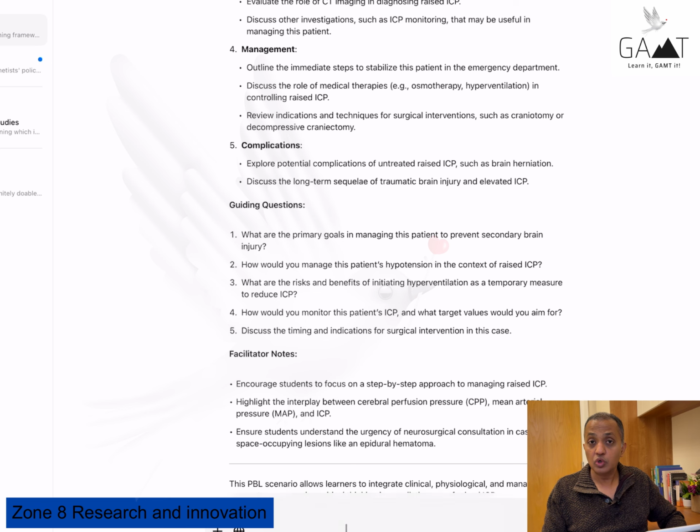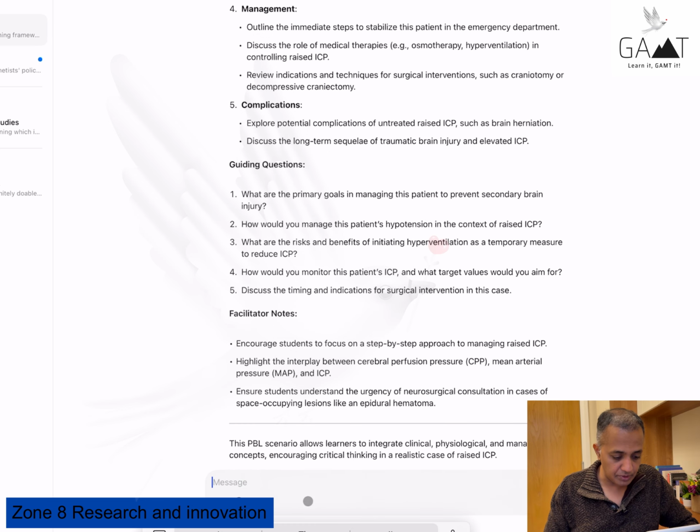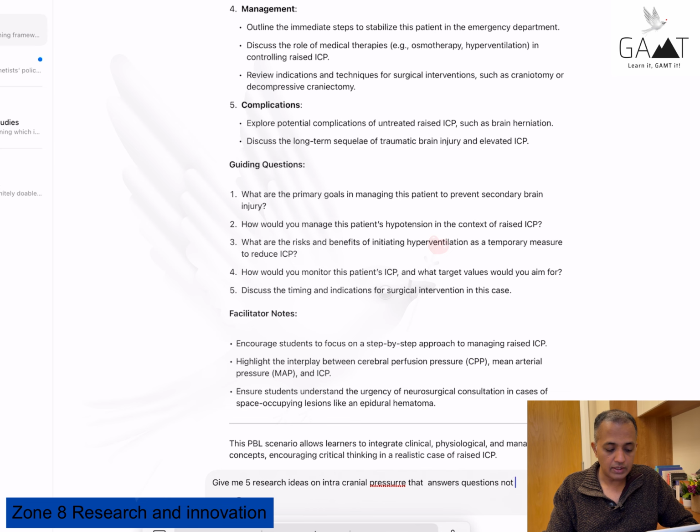So how does it look? Again, ChatGPT is there to help us, okay? Give me 5 research ideas on intracranial pressure that answer questions not answered till now.